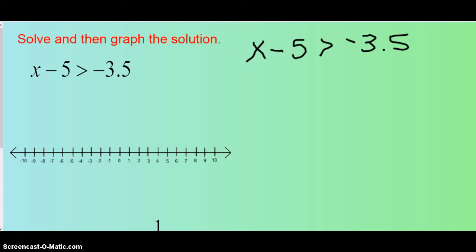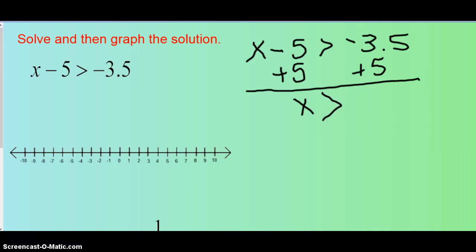Because this is a negative 5, or you're subtracting 5, we want the opposite of that, which is a positive 5, or thinking of it as adding 5 to both sides. This is going to leave x by itself, and we have a greater than sign that we move down, and negative 3.5 plus 5 is a positive 1 and 5/10.